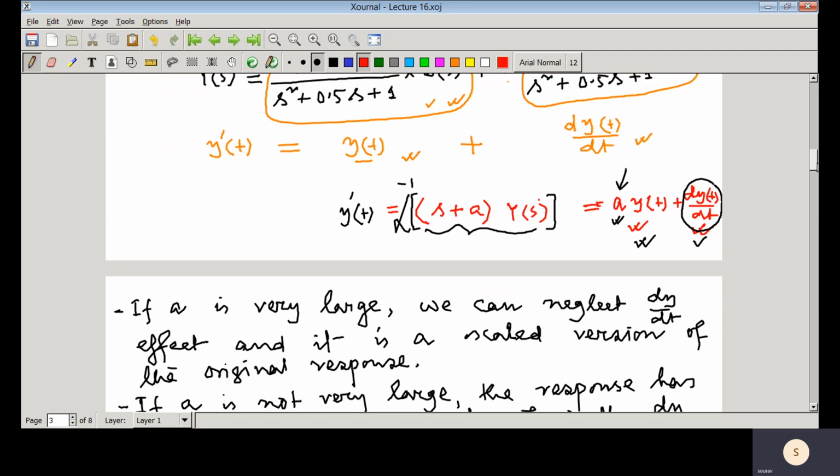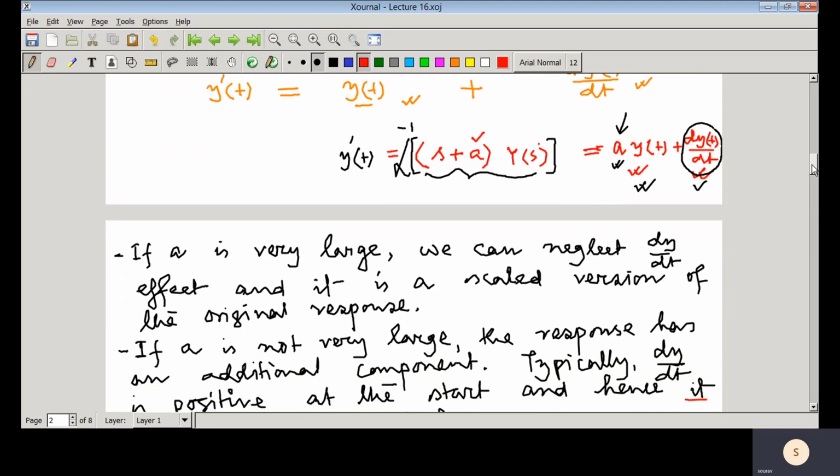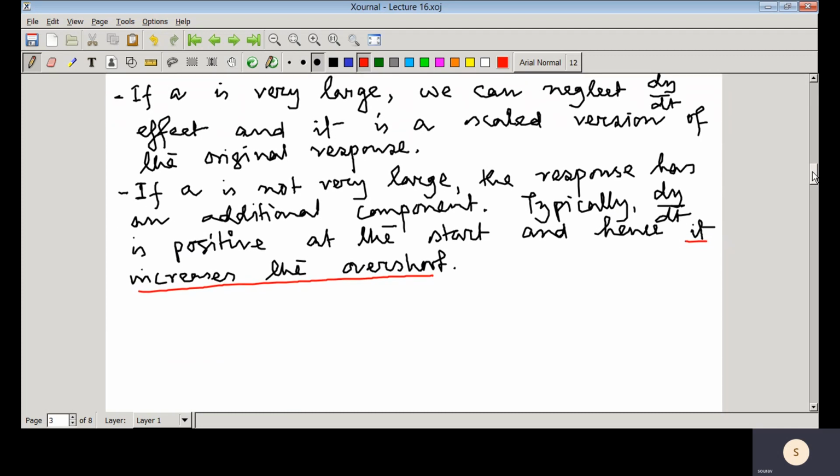And interestingly, if you place that 0 on the right half of the S plane, that means A is negative, then you have that minus A dy by dt term, which has a significant effect, and you can see the response initially goes in the reverse direction. That means you have a negative kick.